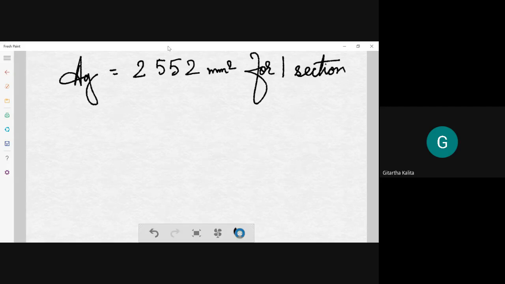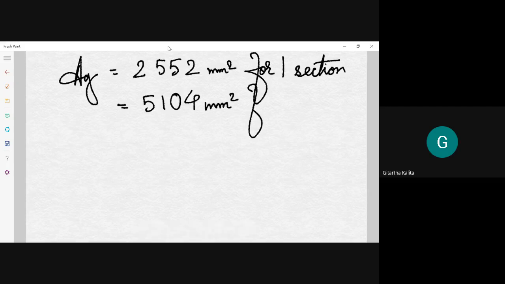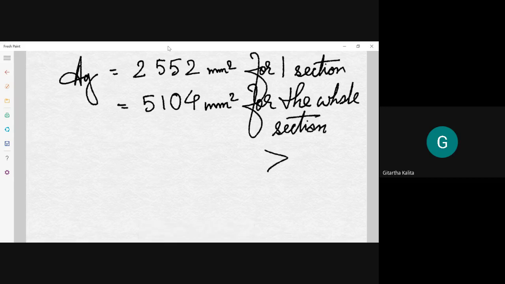So for both sections it will be 5104 mm square for the whole section, which is greater than 5000 mm square, the area required.